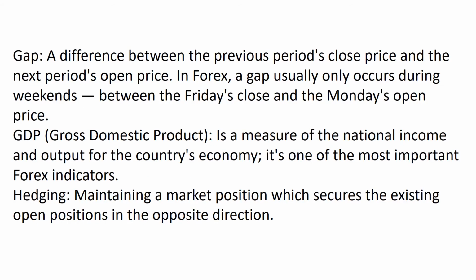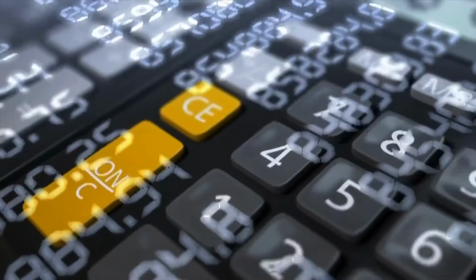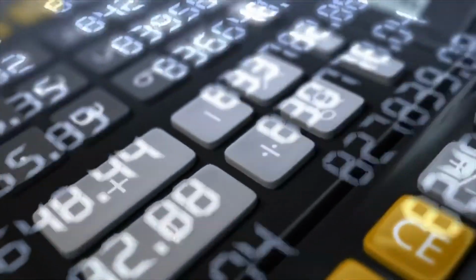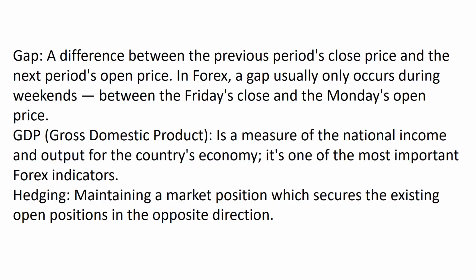Gap, a difference between the previous period close price and the next period opening price. In forex, a gap usually only occurs during the weekends between the Friday close and the Monday opening price.